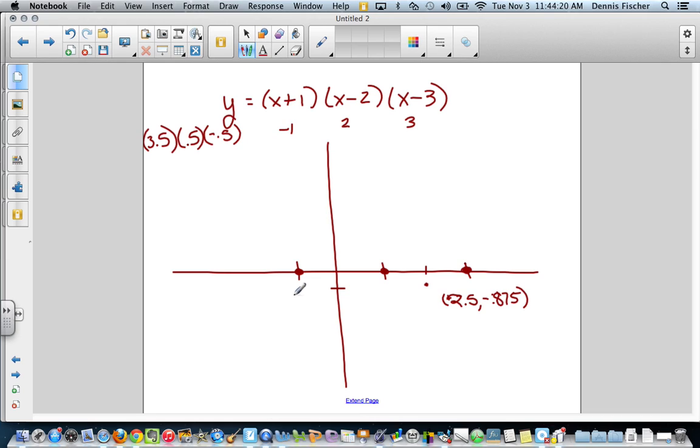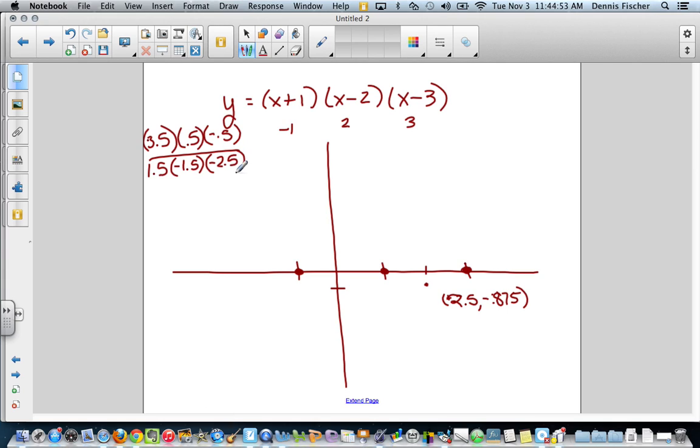Now what's halfway between -1 and 2? 0.5. Okay, let's go up here. I'm going to do a new case. 0.5 plus 1 is 1.5. 0.5 minus 2 is negative 1.5. And 0.5 minus 3 is negative 2.5.